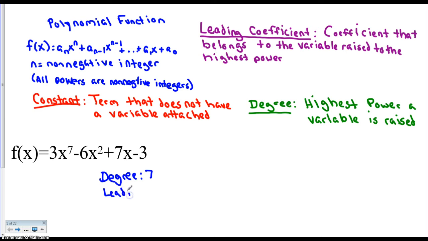So my leading coefficient is the value that's in front of my highest power. So in this case, my leading coefficient is 3, and then my constant term is negative 3 because negative 3 does not have a variable next to it.